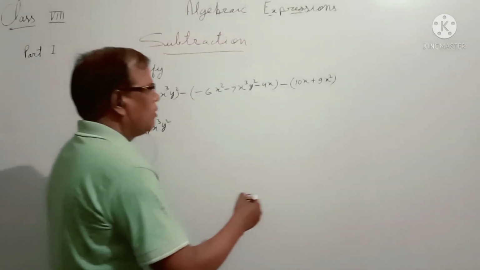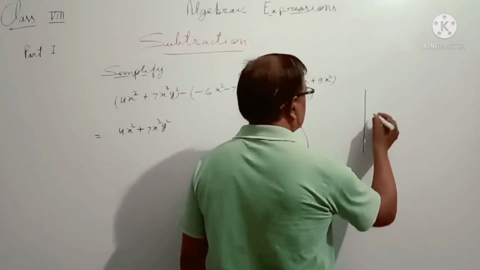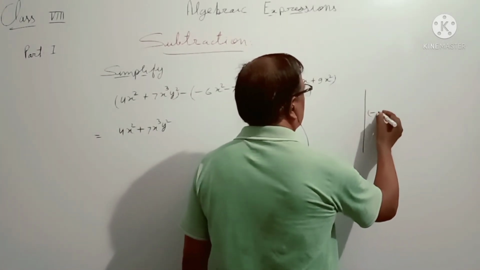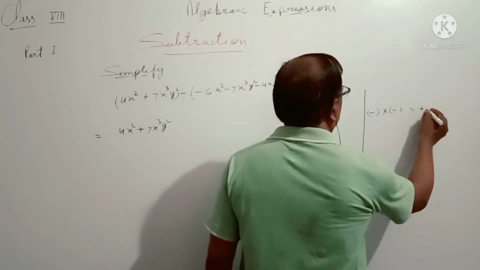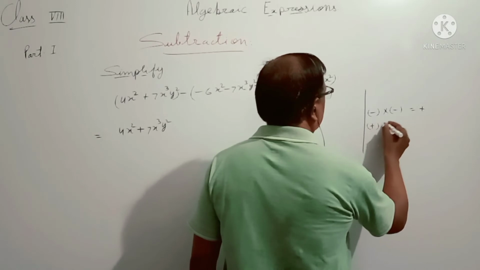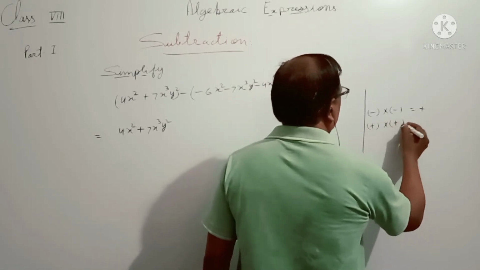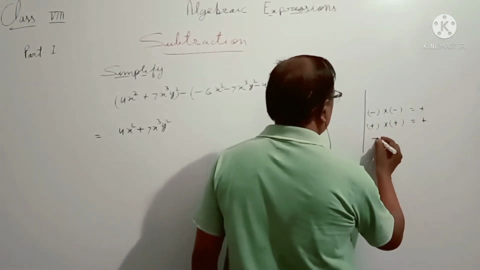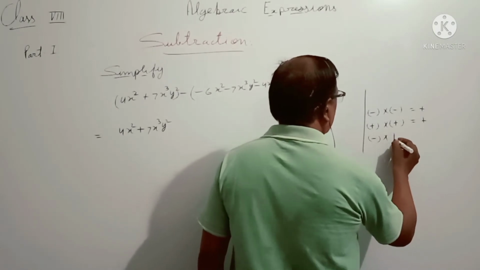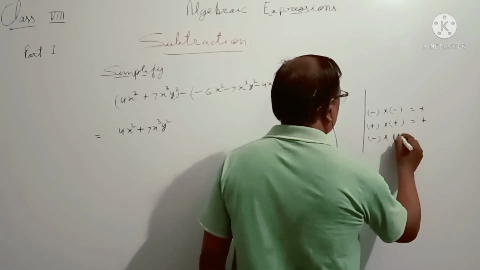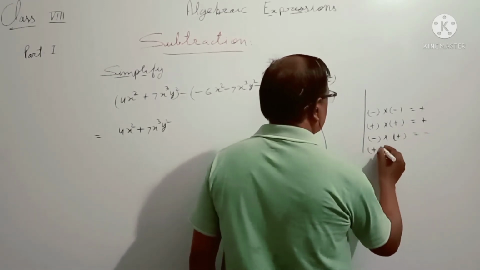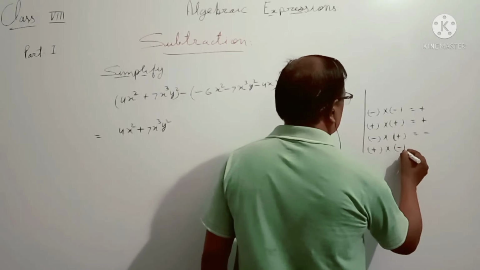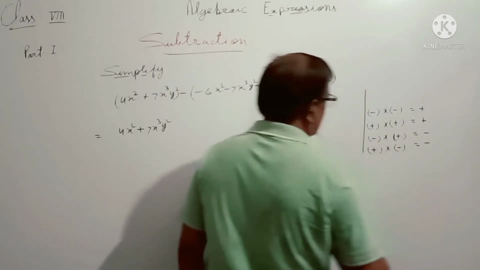Then we write the rule also: when we change the sign, minus into minus will be plus, plus into plus will be plus, then minus into plus will be minus, and when it is plus into minus, then it will be minus. This way we can change the sign.